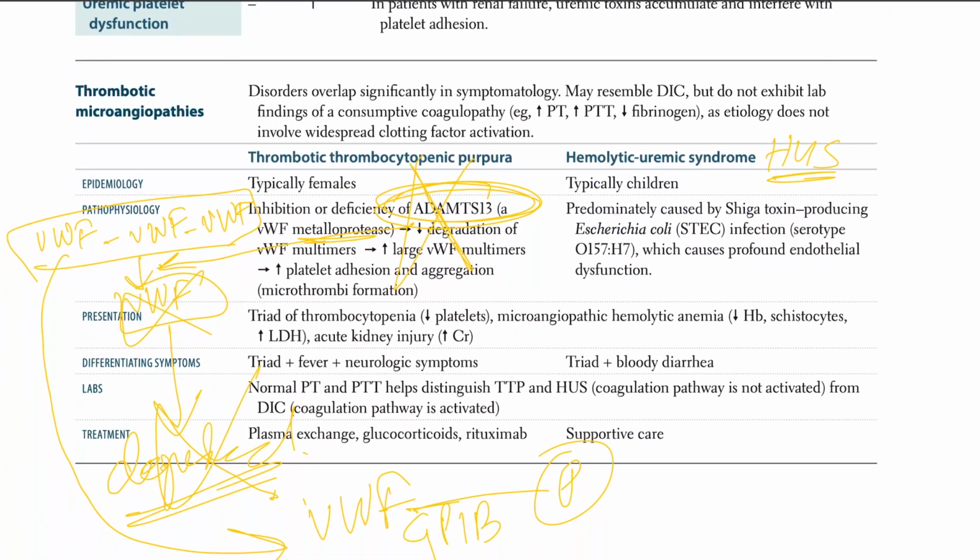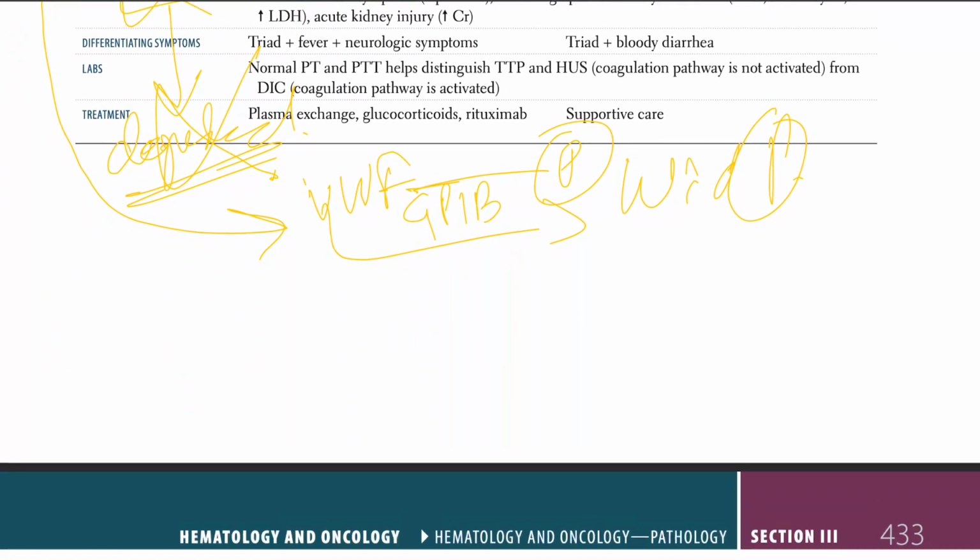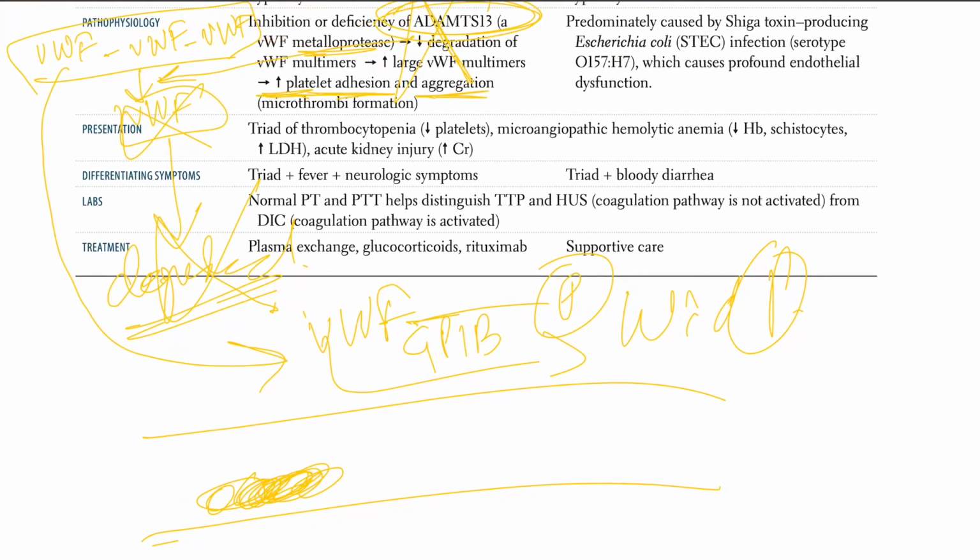Yes. So they bind to the platelet and lead to widespread activation of platelets. This leads to increased platelet adhesion and aggregation. So when you're widely activating platelets in a blood vessel, that forms microthrombi.